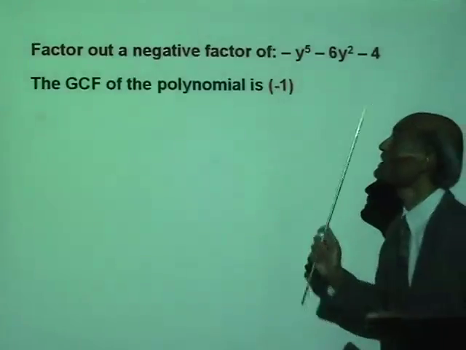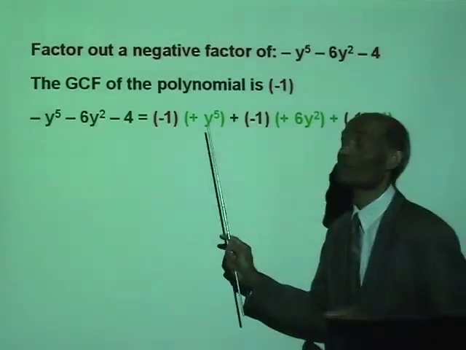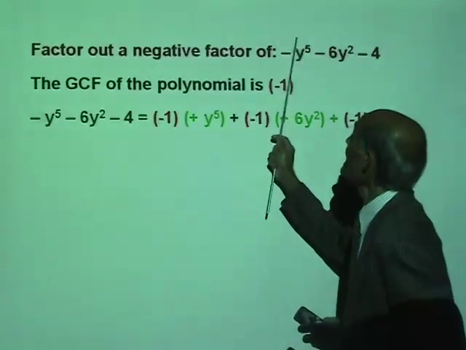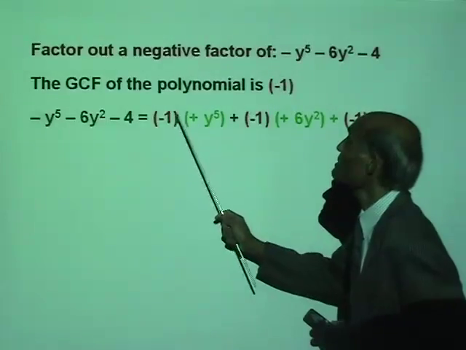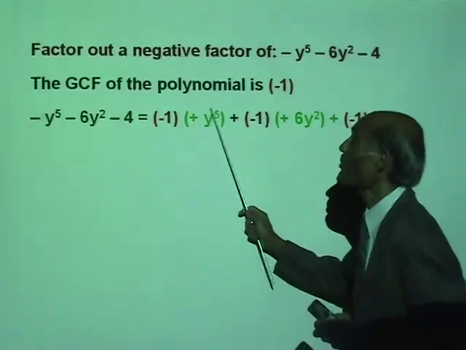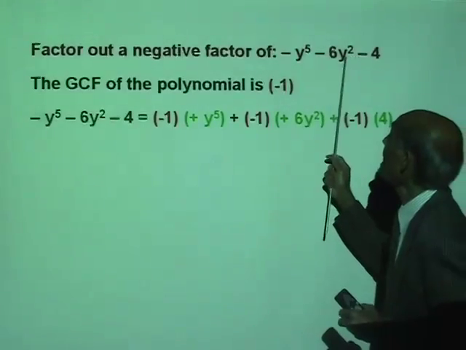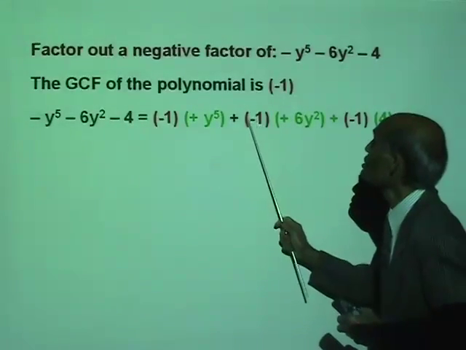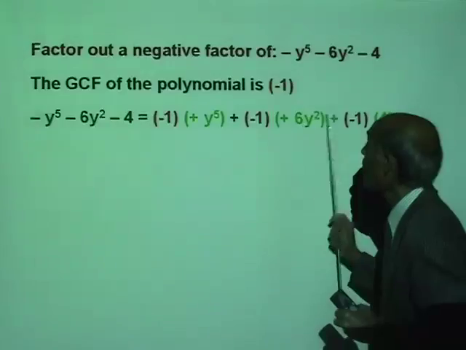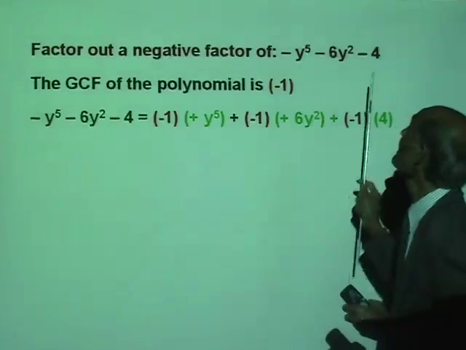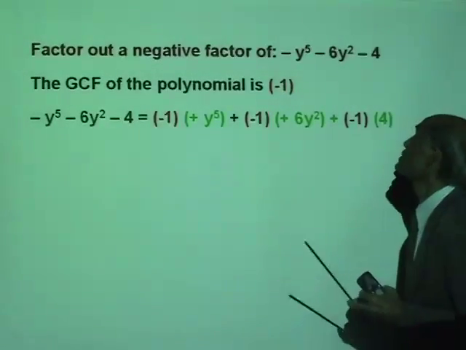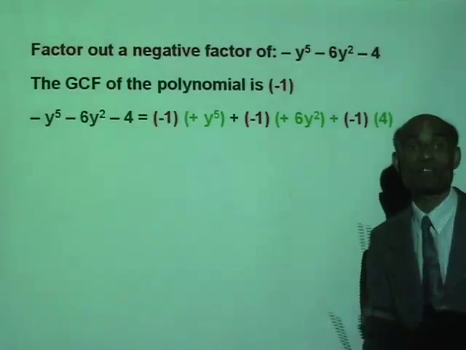The GCF is negative 1. So, negative y to the power of 5 is negative 1 times positive y to the power of 5. And minus 6y squared is negative 1 times positive 6y squared. And negative 4 is negative 1 times positive 4.